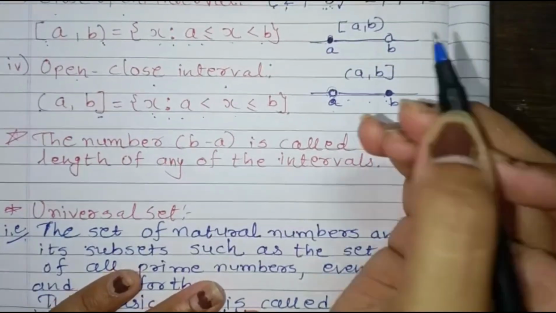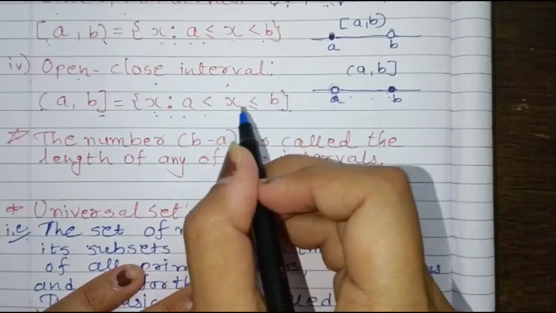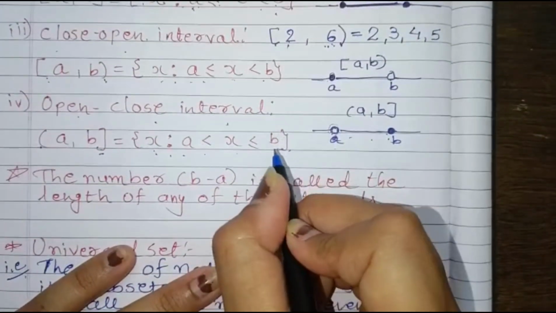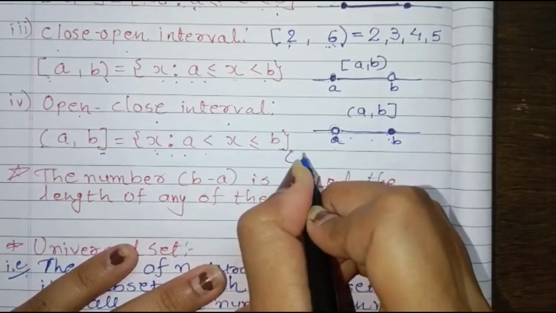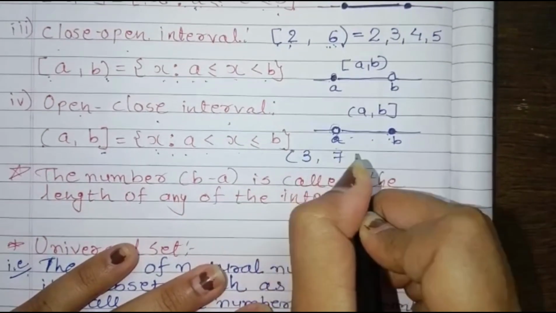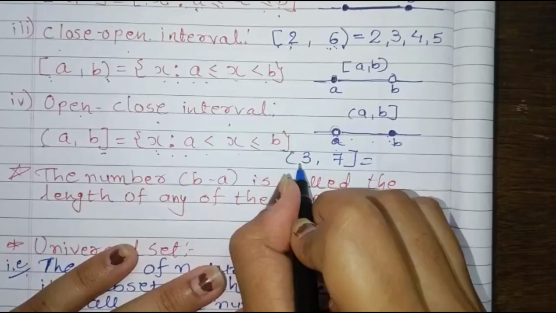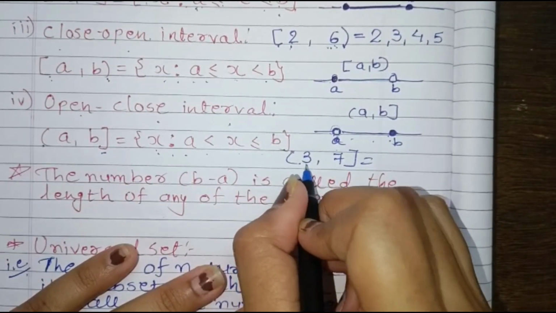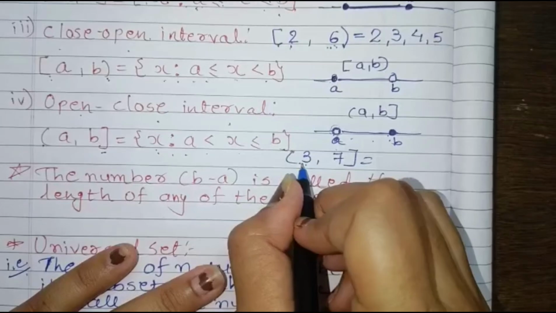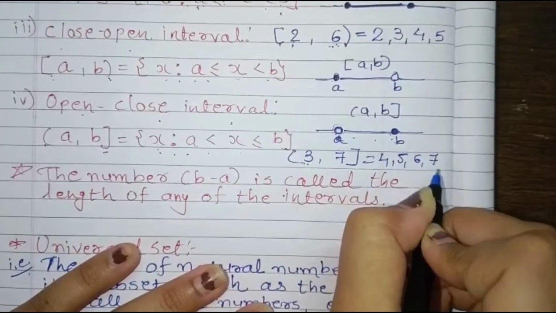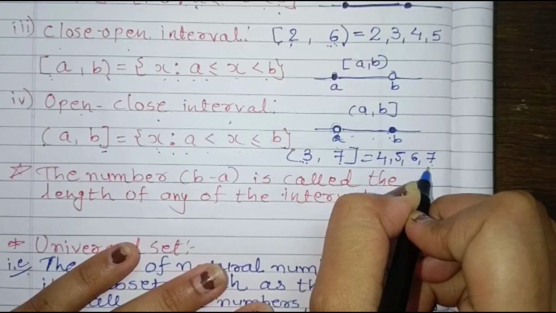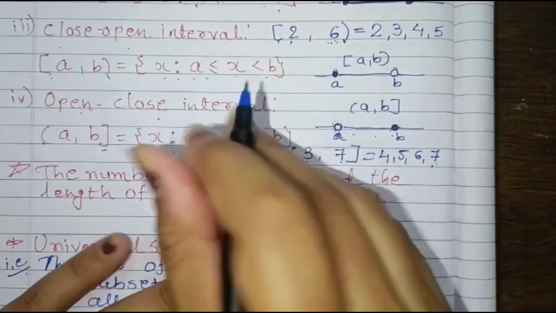And here we are taking an example. The numbers between 3 to 7. Here 3 is not included because the starting point is open. That's why 4, 5, 6 and 7. 7 is included on the ending side.